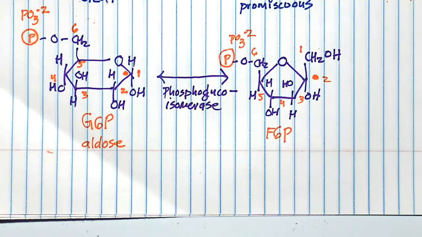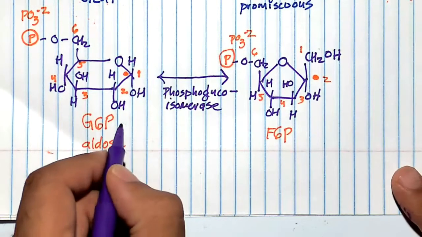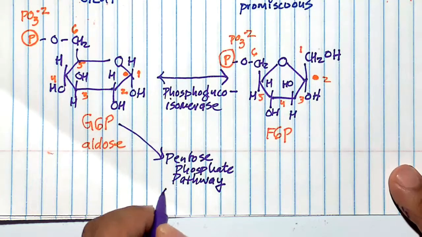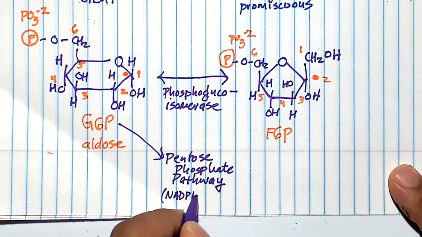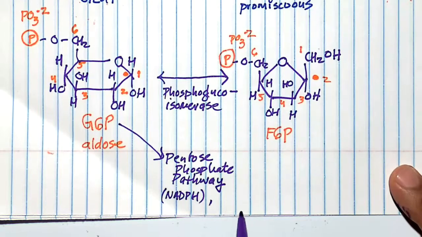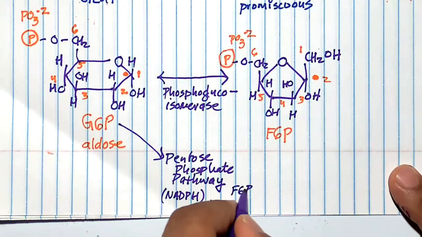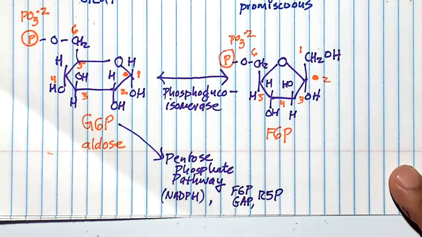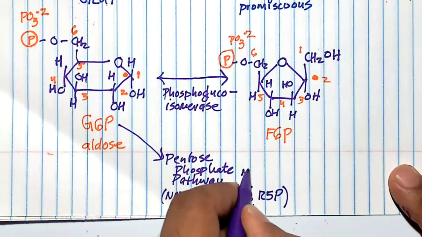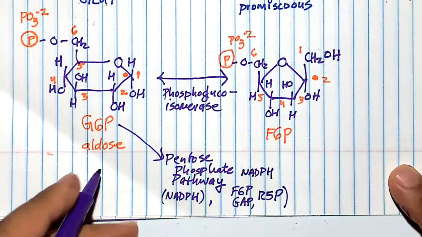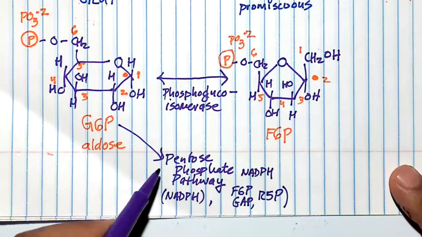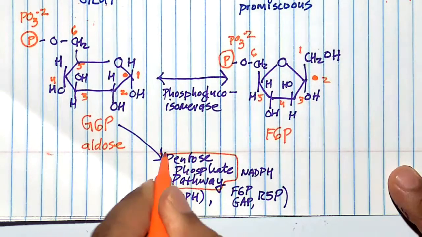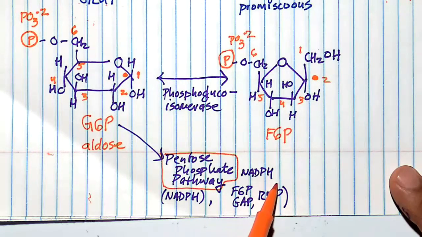You may remember glucose 6-phosphate here can go into the pentose phosphate pathway, and in that pathway you produce NADPH, and you produce other molecules such as fructose 6-phosphate and glyceraldehyde 3-phosphate. You also produce ribose 5-phosphate for DNA synthesis. So the shunting of glucose 6-phosphate into this particular pathway really directs the cell to go more along the lines of reductive biosynthesis.